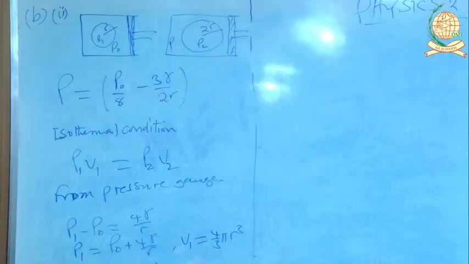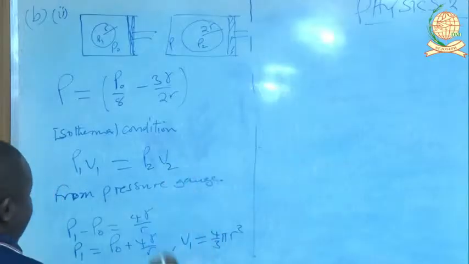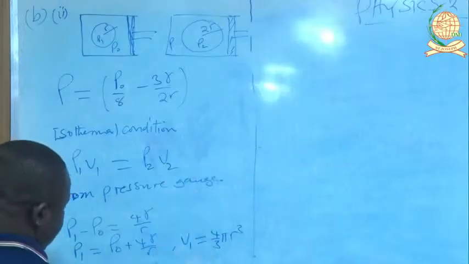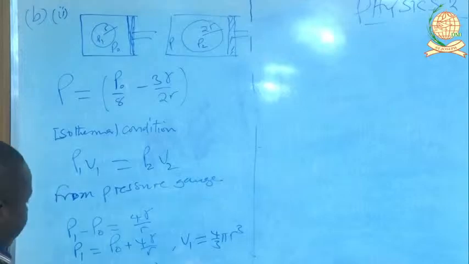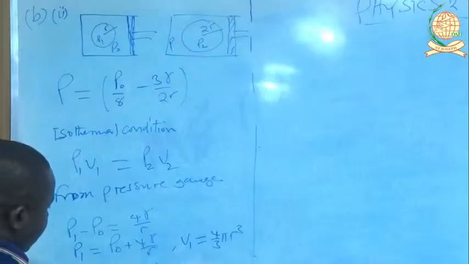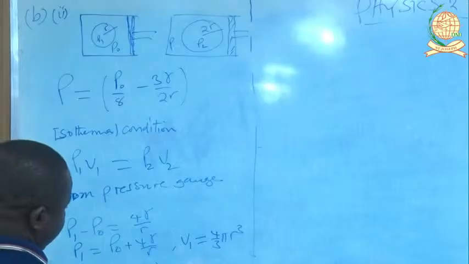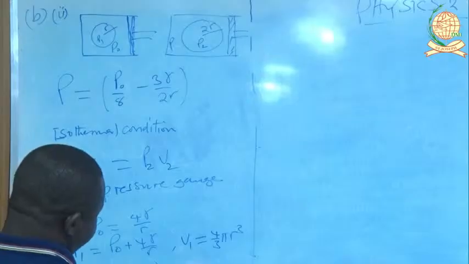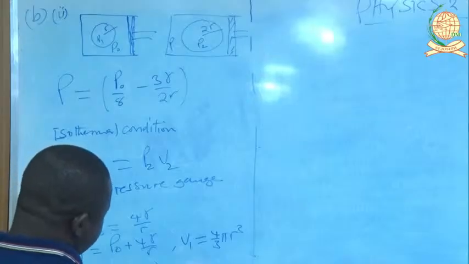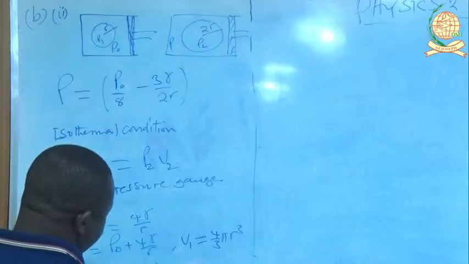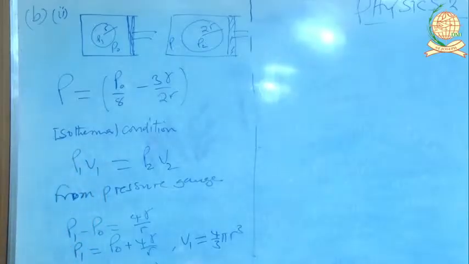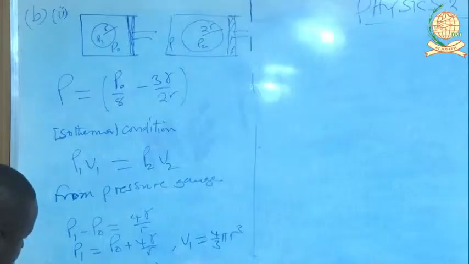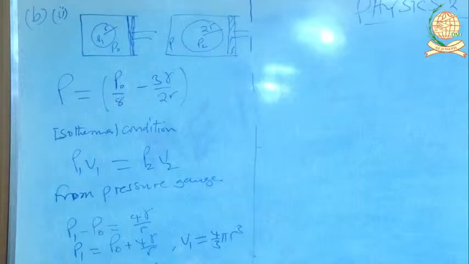But R2 this time is twice R, which will give us P plus 2 gamma over R, and making the volume V2 equal to 4 pi over 3 times (2R) cubed. Or a simple expression, this is equal to 8 times the first volume.